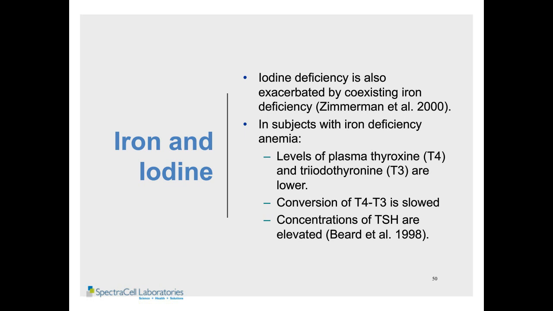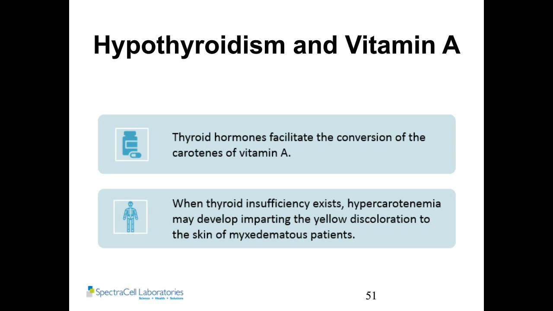Vitamin A. Vitamin A is always a concern with thyroid, whether it's hyper or hypo. As you can see here, thyroid hormones do facilitate the conversion of carotenes to vitamin A. So once again, this is why if you give too much thyroid medication and a person's consuming a lot of carotenoid-like foods, you're going to get a higher conversion into vitamin A, and you could actually go into vitamin A toxicity or adverse reaction type signs and symptoms.